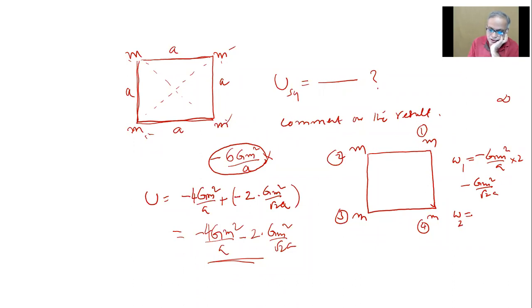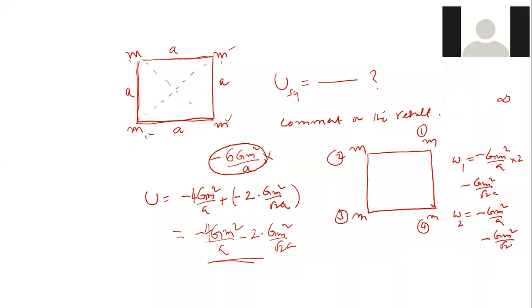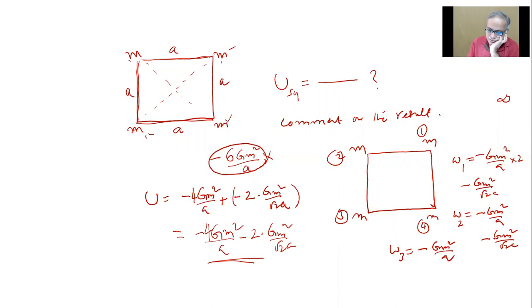W2 will be minus gm square by a minus gm square by root 2a. Now this is gone. Now only this has to be thrown out. How much is it? Minus gm square by a. That's all. So the total work is W1 plus W2 plus W3. Now why am I not talking about 4?